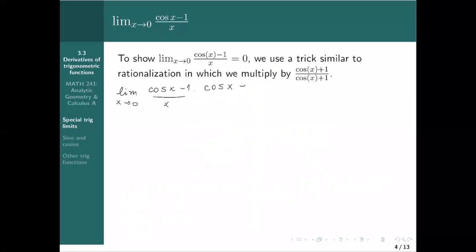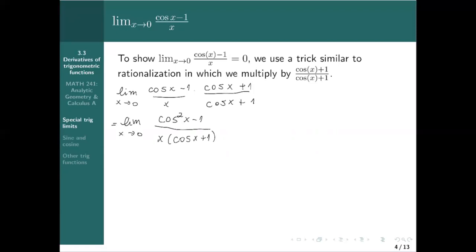Multiplying by the same number in the numerator and denominator does not change the function. So this is going to be equal to the limit as x goes to 0, where the numerator, if we multiply those two, gives us cosine square of x minus 1, and in the denominator we leave x times cosine of x plus 1.